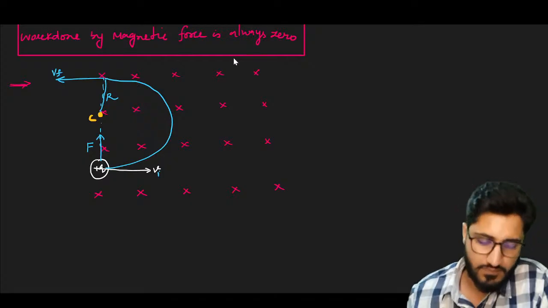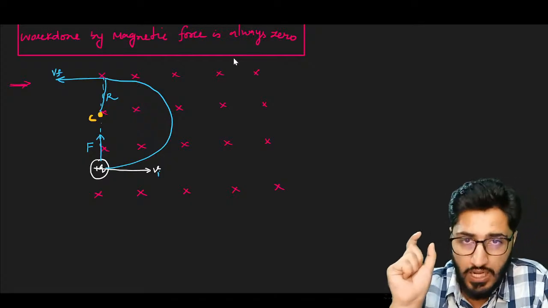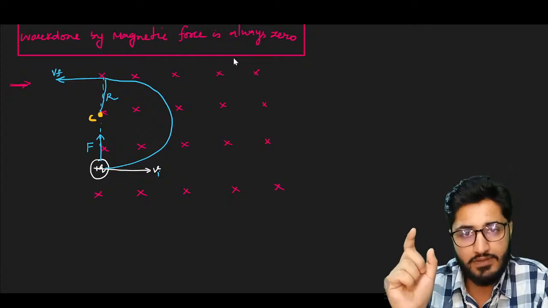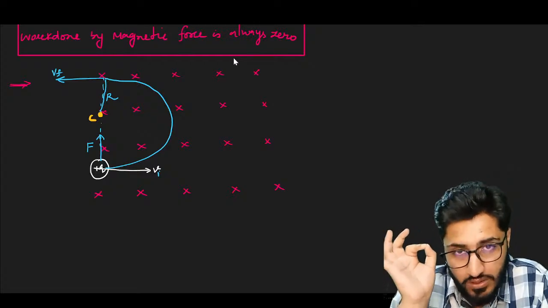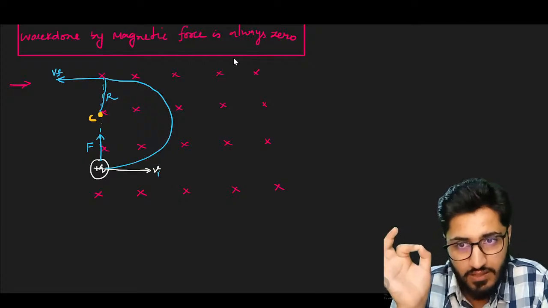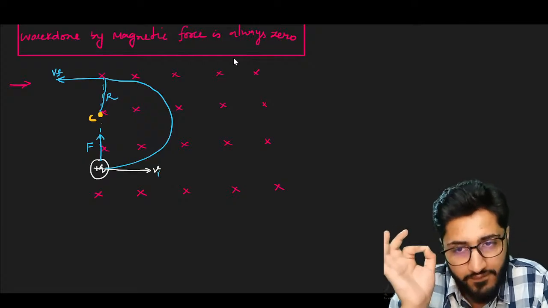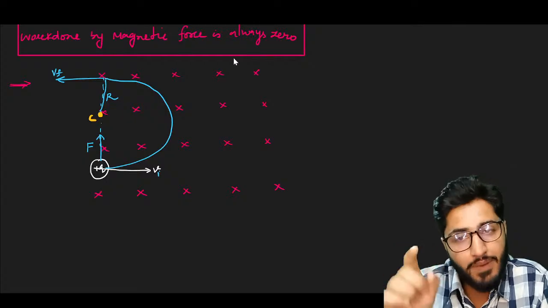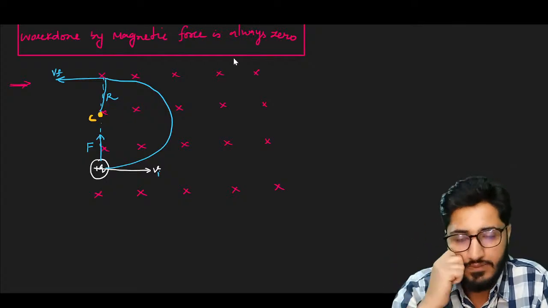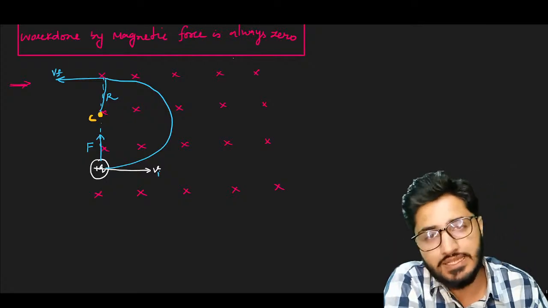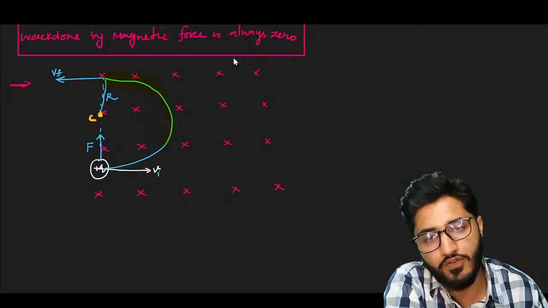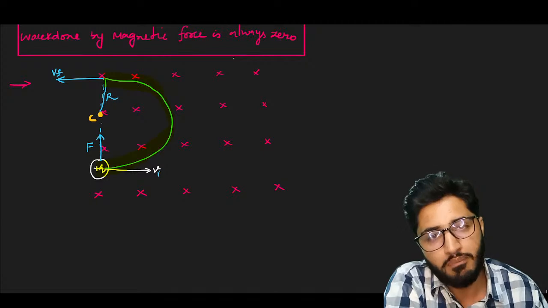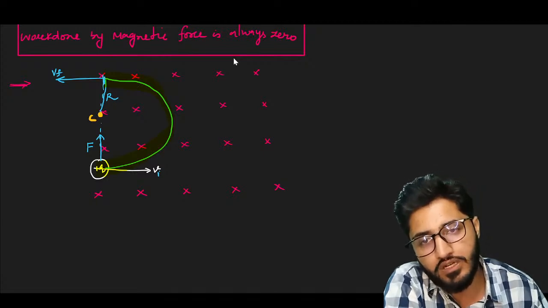Look now. If you are throwing a particle from the starting of the magnetic field, it creates a path like this, a semicircular path. Why, sir? Because this path tries to change the direction of your particle's motion, but at this particular point no magnetic field is present, so there is no deviation.